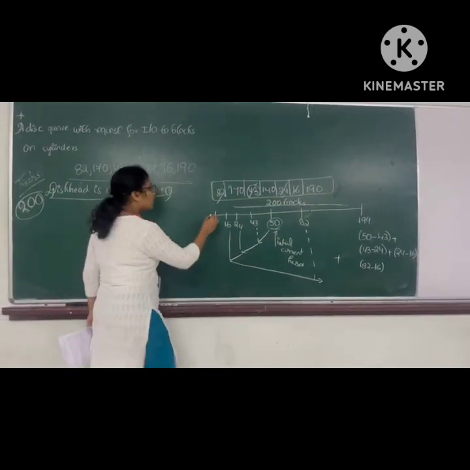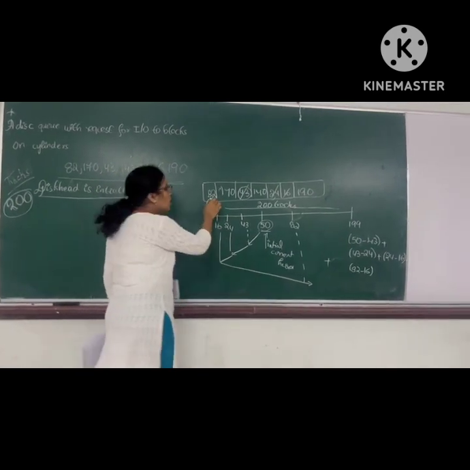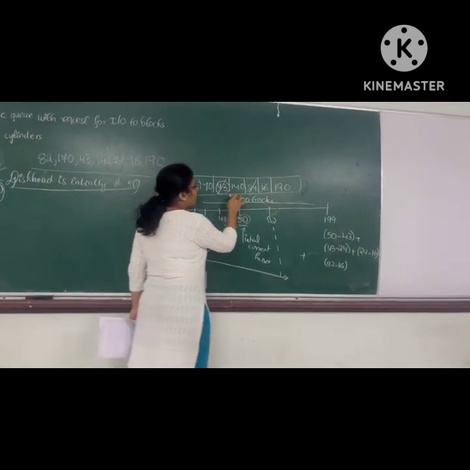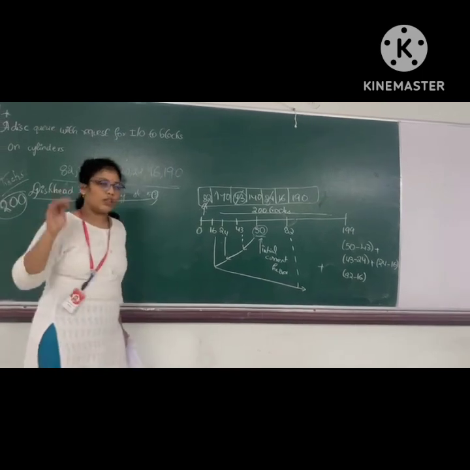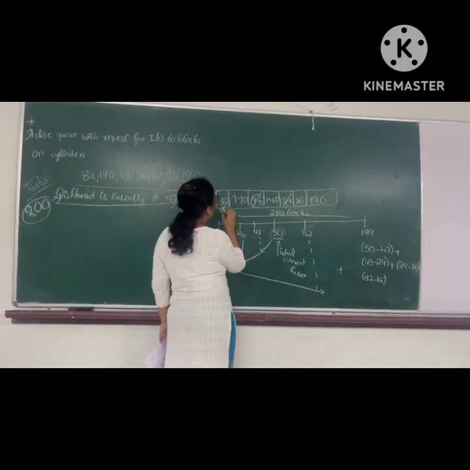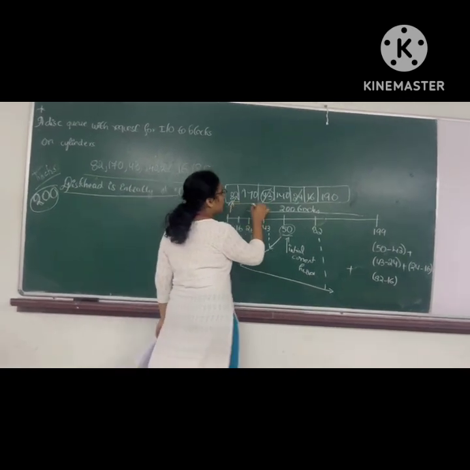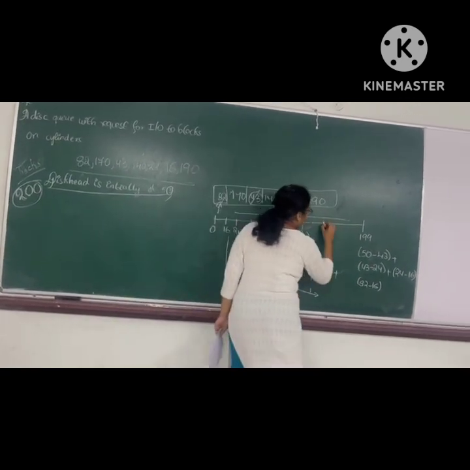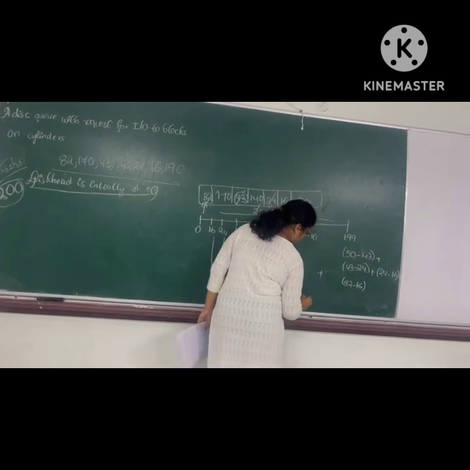Now the current read-write head is at 82. From 82 it will check again in the queue the nearer value to 82. The nearer value to 82 is 140 and it moves towards 140.